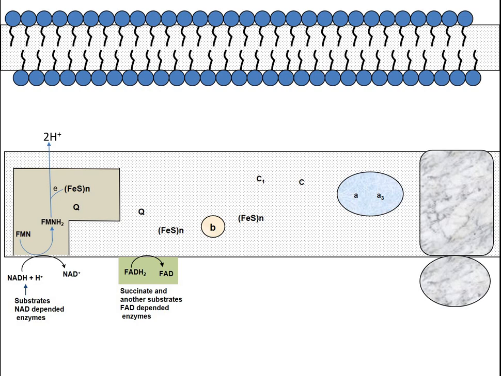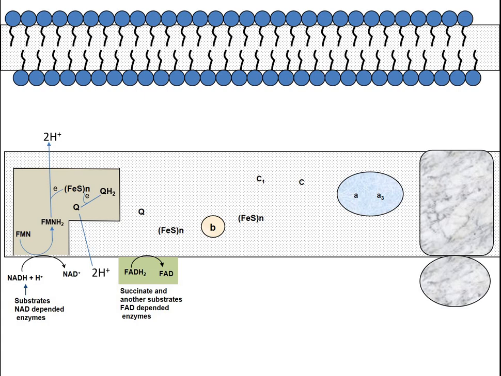Electrons from the iron sulfur cluster will be grabbed by ubiquinone. After that, ubiquinol will move to the inner side of the inner mitochondrial membrane and take 2 protons from the mitochondrial matrix.